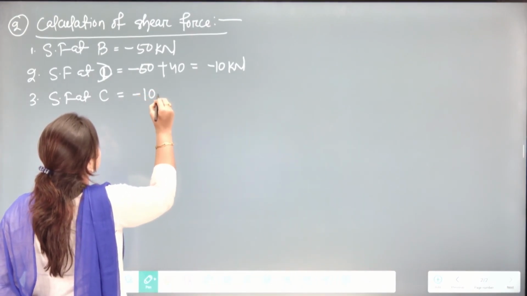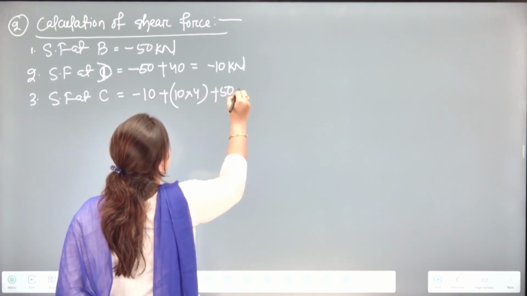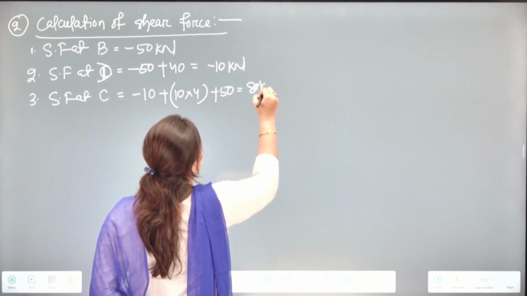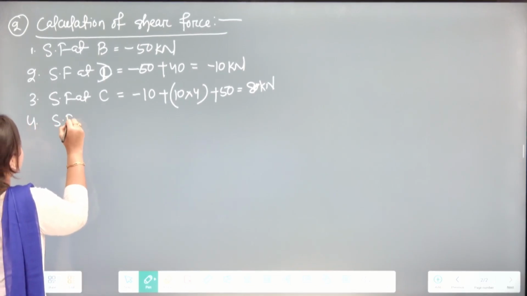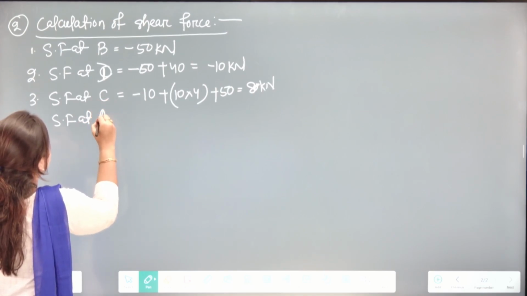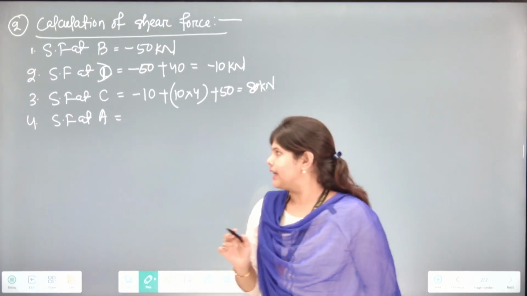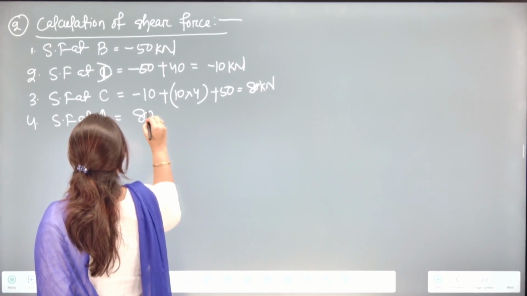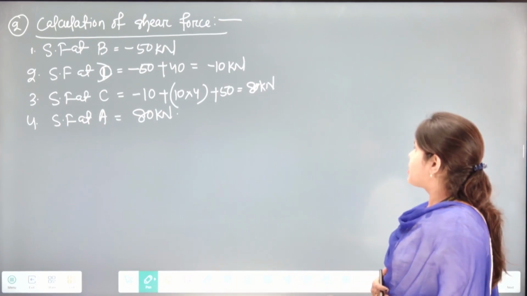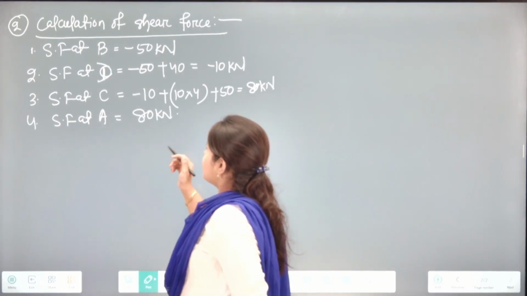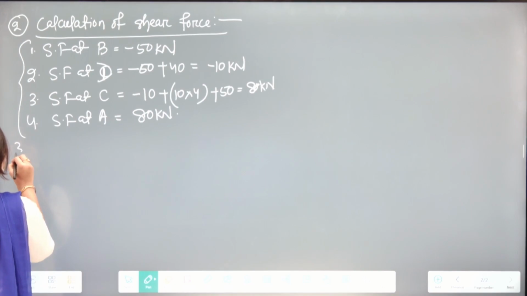You can write minus 10 plus 10 into 4 plus 50, that is 80 kilonewton. Okay. Now, shear force at A. We already have that the reaction force at A is 80 kilonewton. Now we have the shear force values at different points. The next work is to find the bending moment.